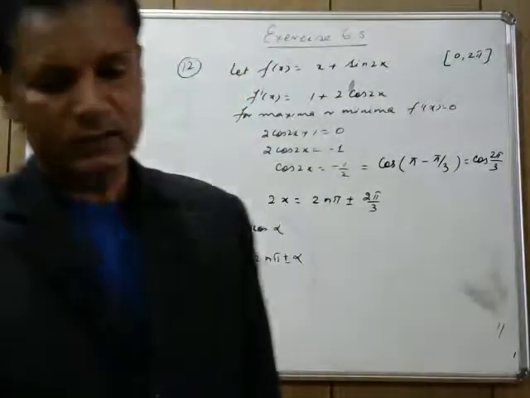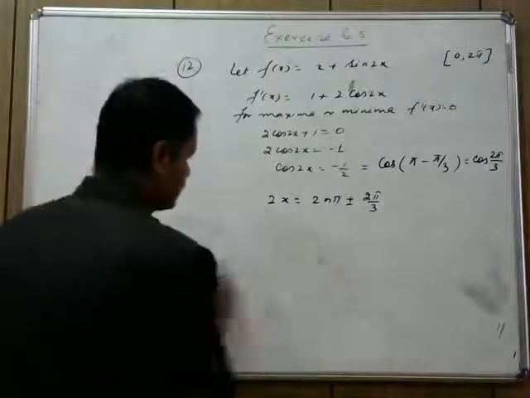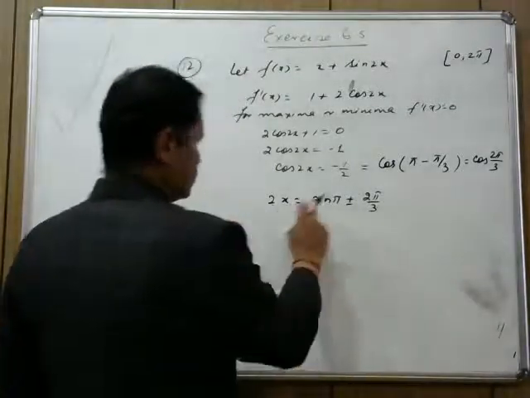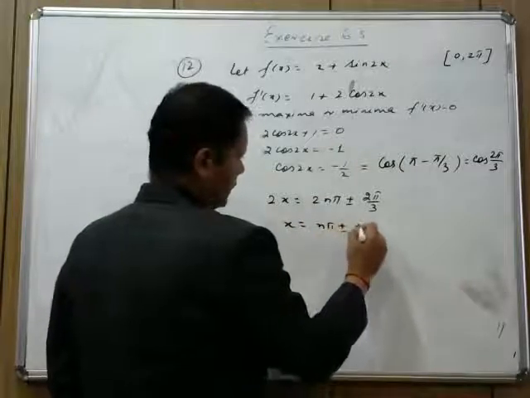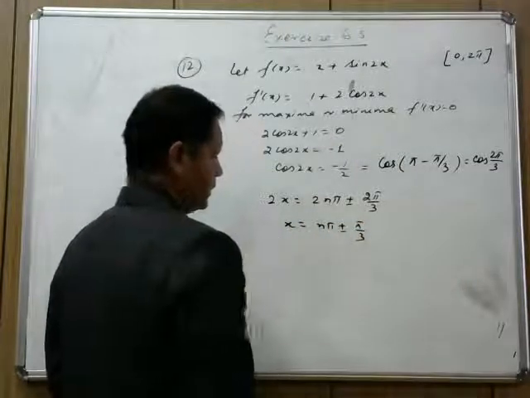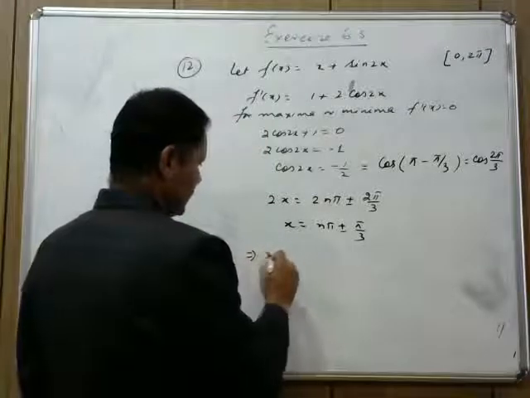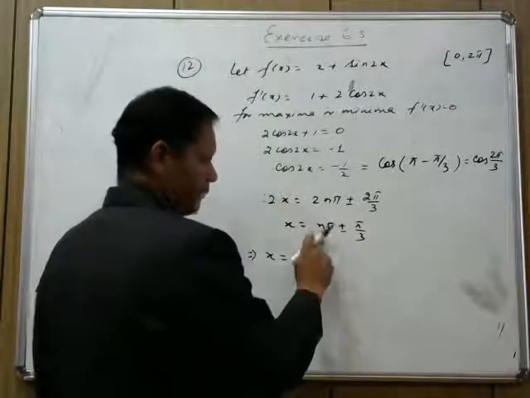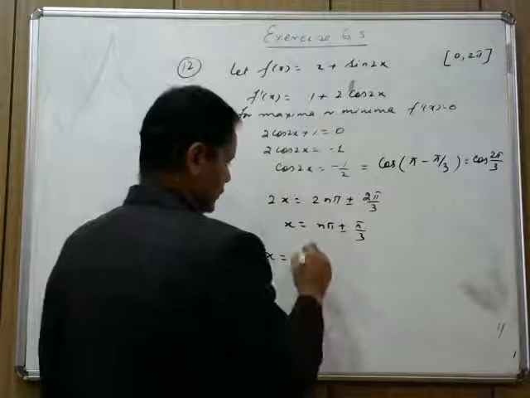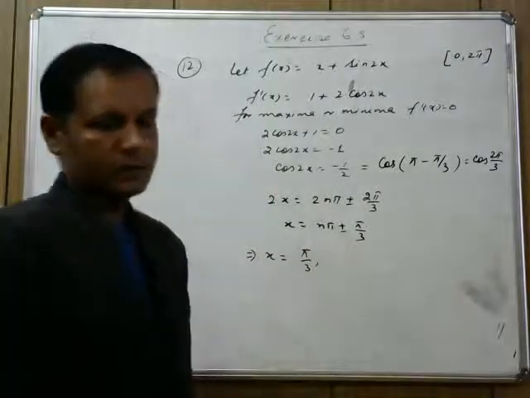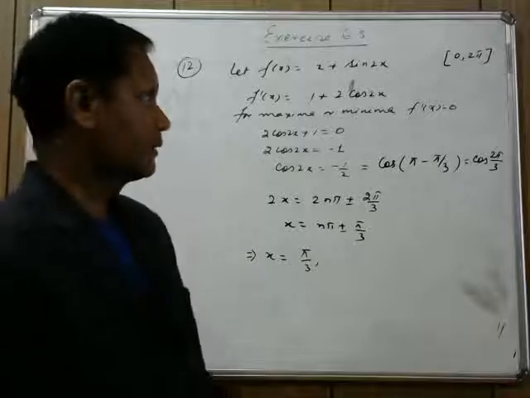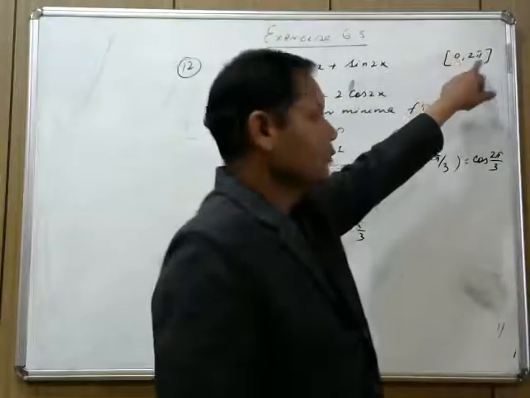That means x is equal to, to remove the 2, x is equal to n pi plus minus pi by 3. If I put n equal to 0, the first value which I will be getting will be positive pi by 3. I am not taking negative because I have to take values between 0 to 2 pi.